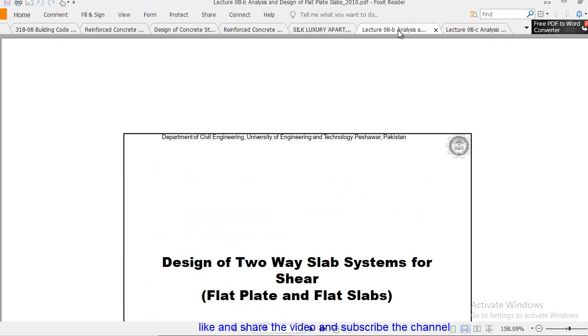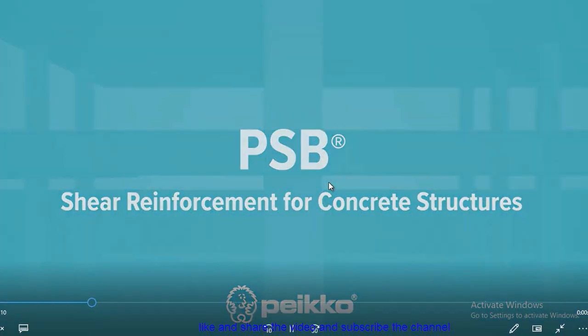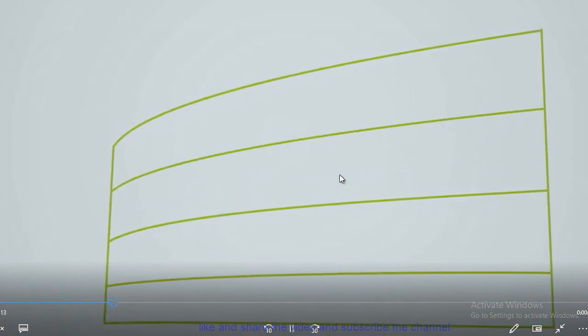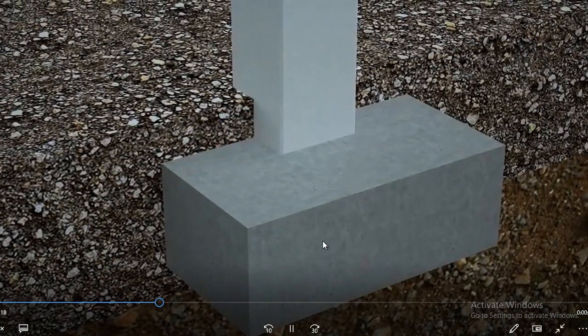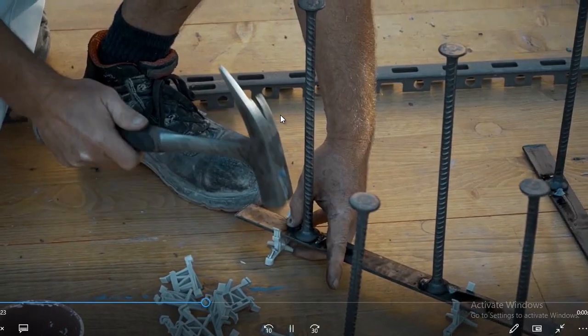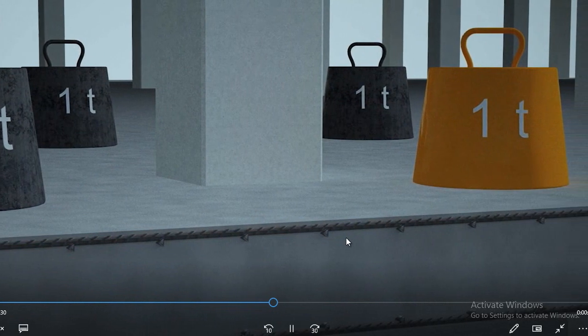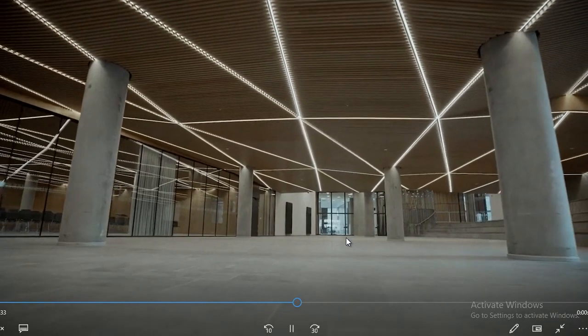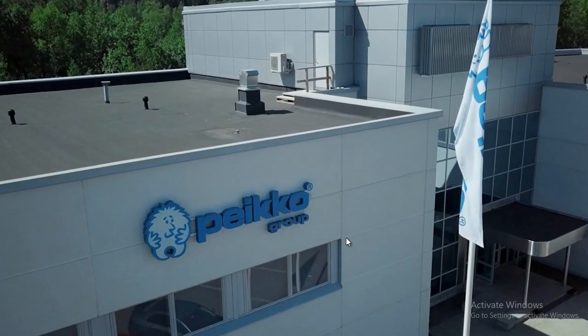But before that, as I already shared in lecture number 11, what shear studs are, what the purpose of shear studs is and why we provide them, what the layout is, what the head and stud rail are, and what the advantage of using shear stud reinforcement is as compared to shear stirrup reinforcement.